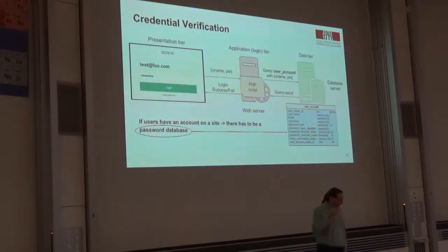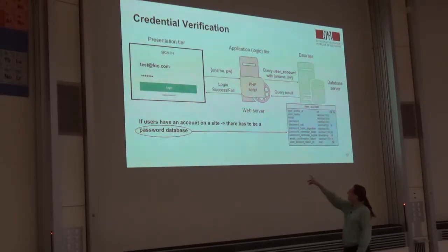So okay, let's go back to the three-tier architecture to understand how passwords databases are often protected and how they can be breached. If a user has an account on the site, they've got to be able to create an account and then later come back, enter the password, and get back into the account. In order to do that, there has to be a password database of some kind. It has to be accessible online, at least indirectly.